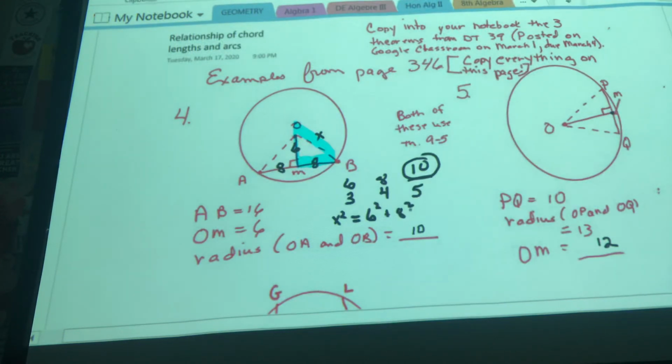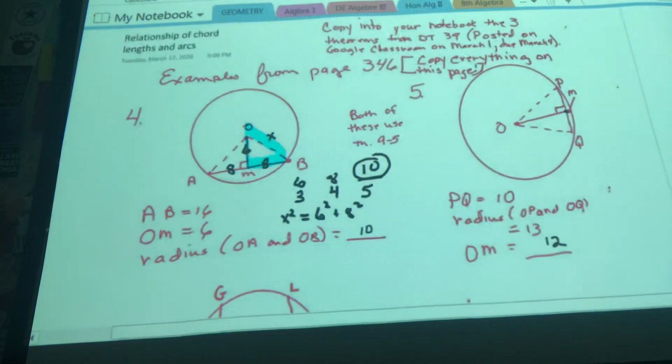On the other picture, PQ is 10. We're not going to write 10. Since OM is perpendicular to PQ, it bisects it. What are we going to write then? 5 and 5. It tells us that the radius is 13.